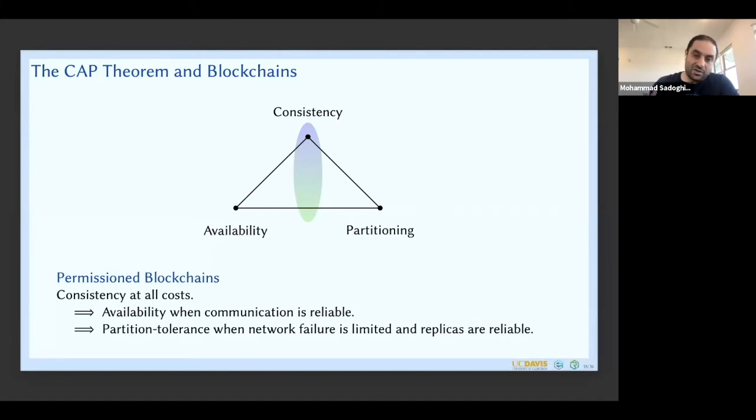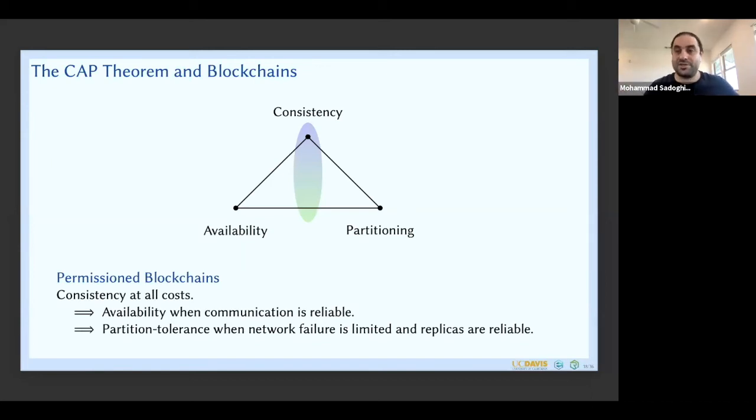So as long as the communication is reliable, meaning the messages can be sent, or they arrive eventually, or at least they arrive within some bound, then the system continues to be live and it continues to be available. And as long as only a minority of replicas are affected by partitioning, then they could still tolerate that partitioning, and the system continues to be available as well.